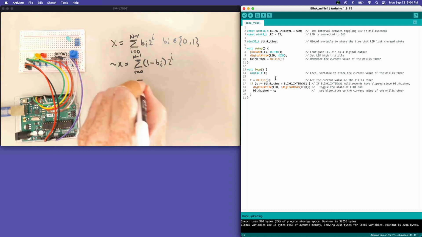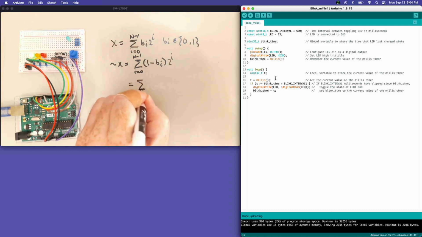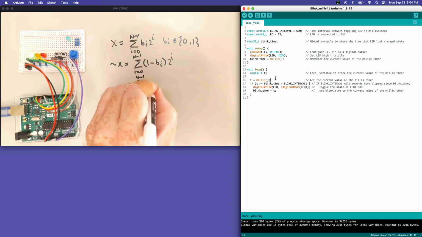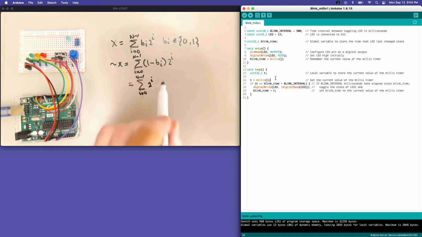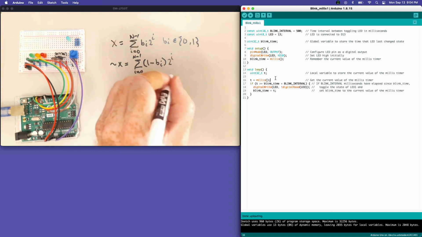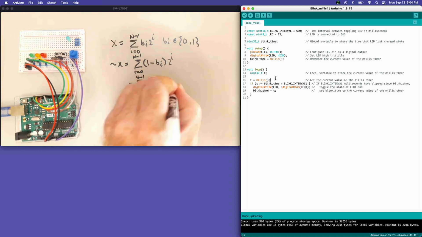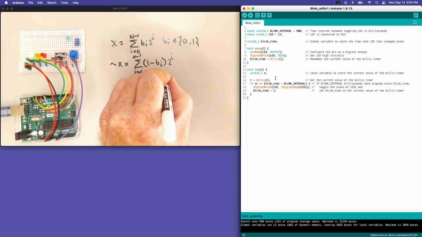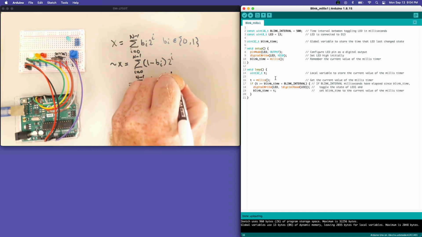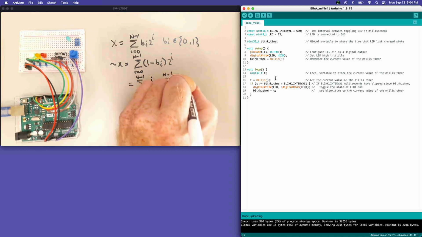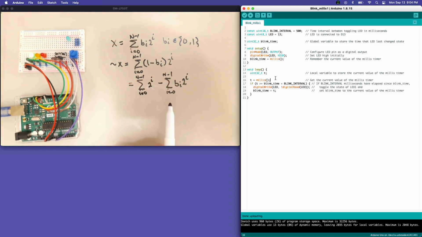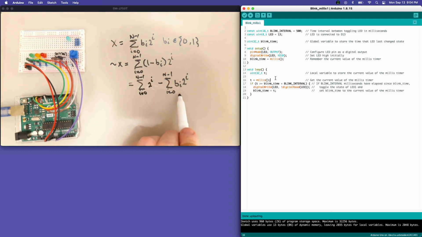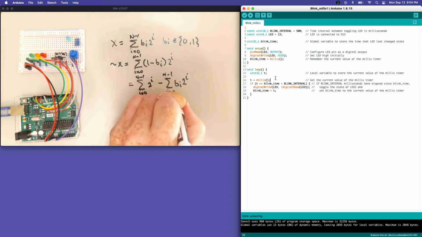So this is the sum from i equals 0 to n minus 1 of 2 to the i, that's the 1 times 2 to the i, and then the second term is minus the sum from i equals 0 to n minus 1 of b_i 2 to the i. Well, this second thing here is just x.